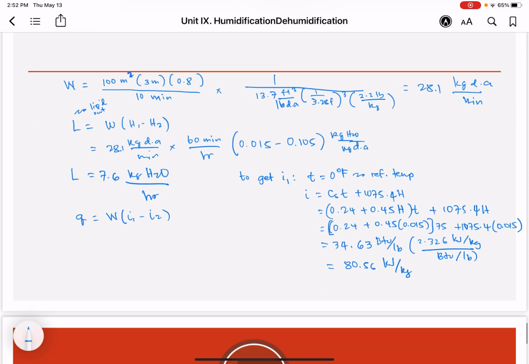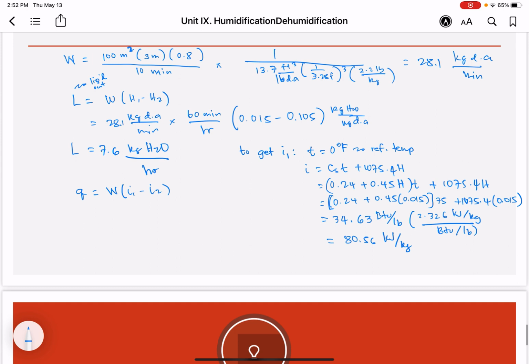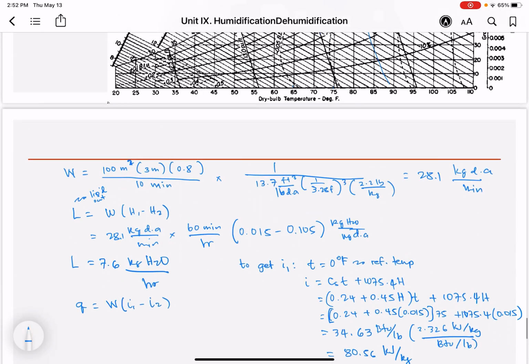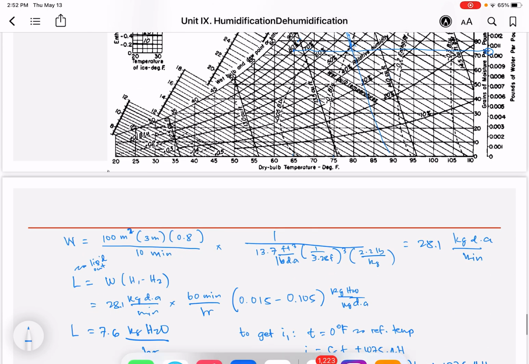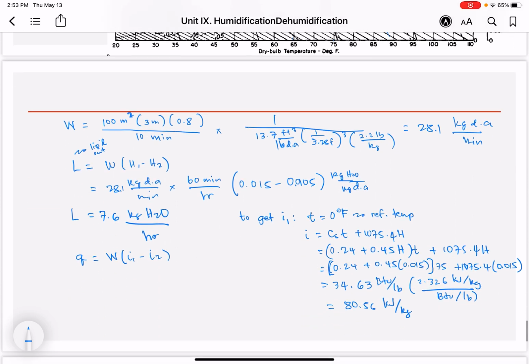So the same is true in getting your I2. You use the formula CST, but this time my H is 0.0105, because this is my H2 at 65.